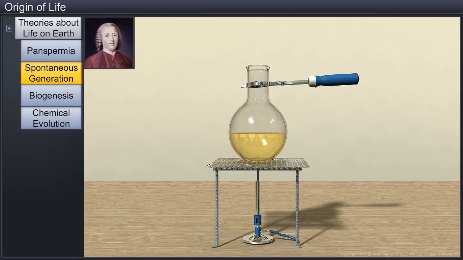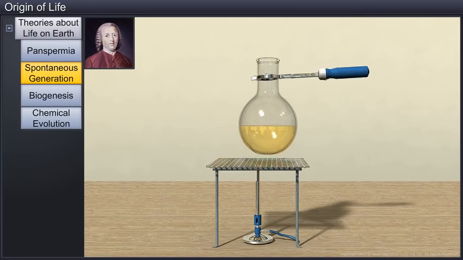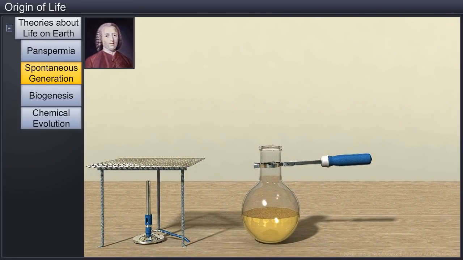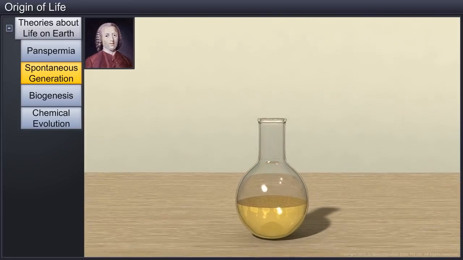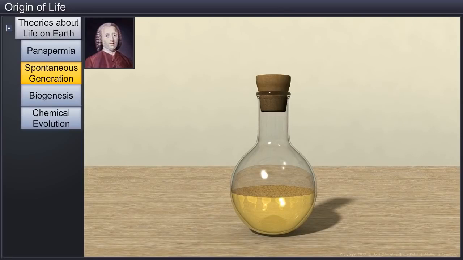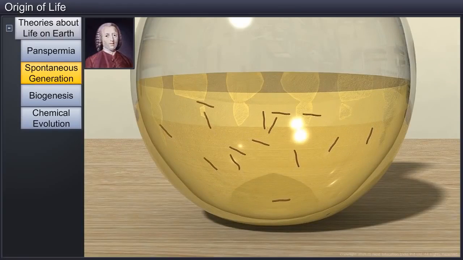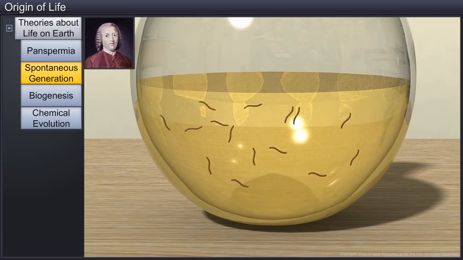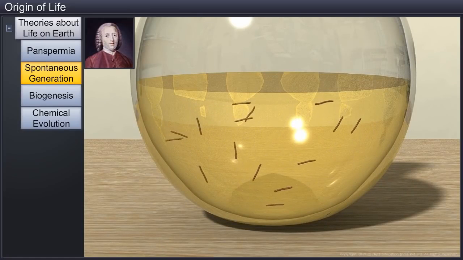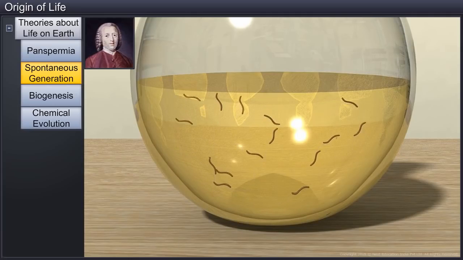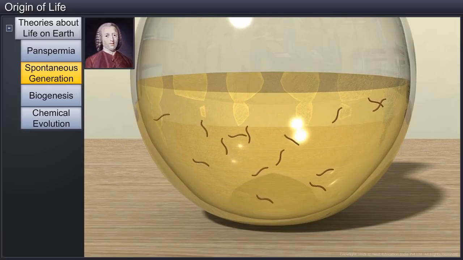In one of his experiments, Needham boiled chicken broth in a flask and then cooled it to room temperature in an open container. Later, he sealed this container. After a few days, he observed a few microbes in it. Needham believed that some life force had brought about this spontaneous generation in the chicken broth.